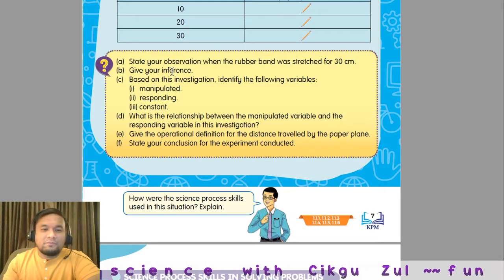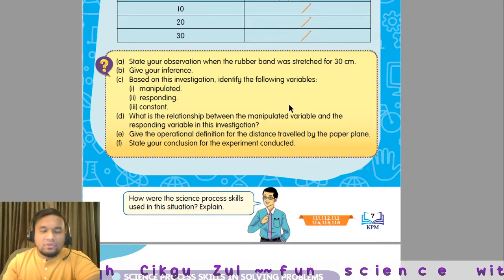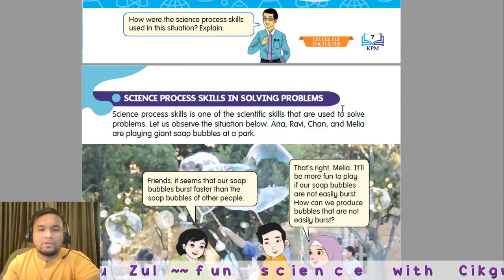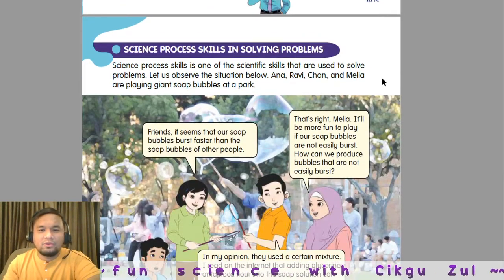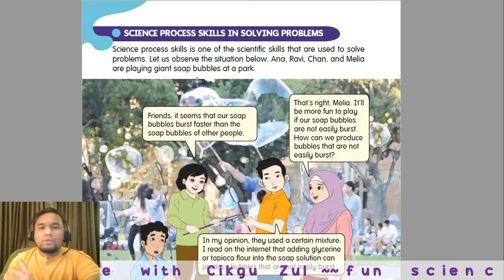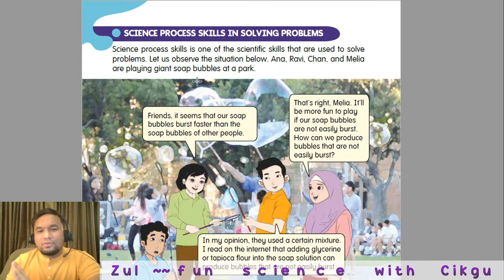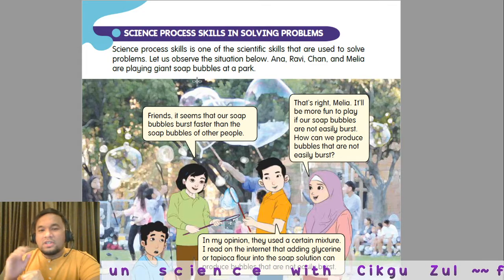Observing question, making inference, and then about the variables, and so on. Okay, so now we are going to continue our lesson with new pages. Today we are going to look into one more activity, and based on that activity, we are going to go through what process skills are involved.